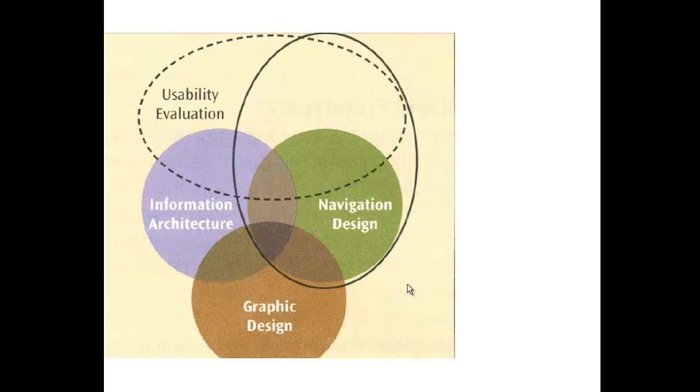Okay, here we're going to look at the different parts of design. We want to look at the design, which is the solid line, and the usability evaluation, which is the dashed line. With the usability evaluation, we talk about information architecture, and we'll give a definition on that. But how is our information on our website arranged?